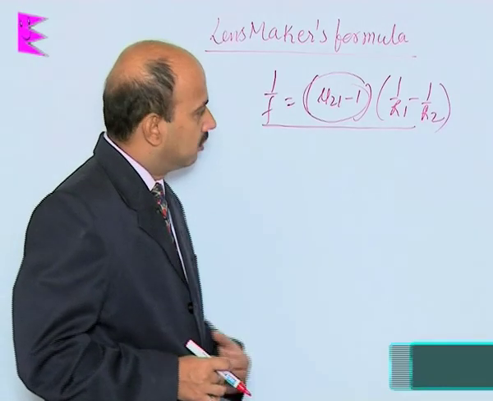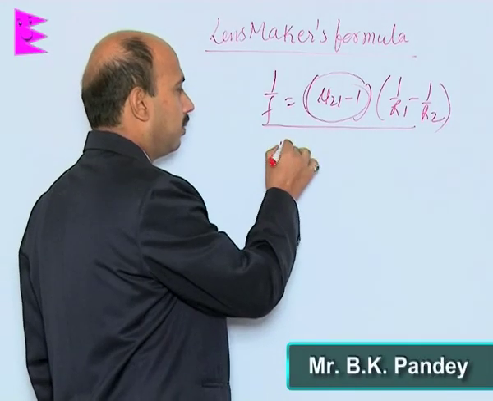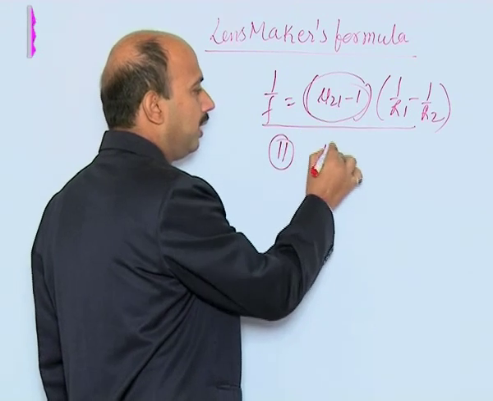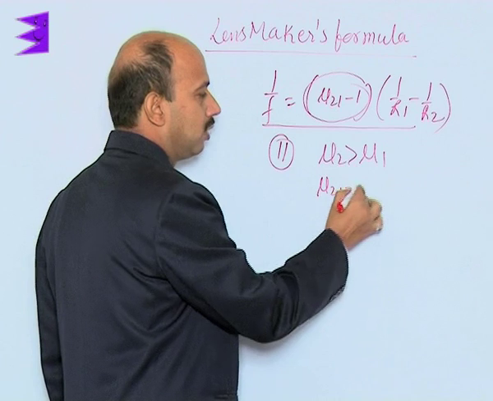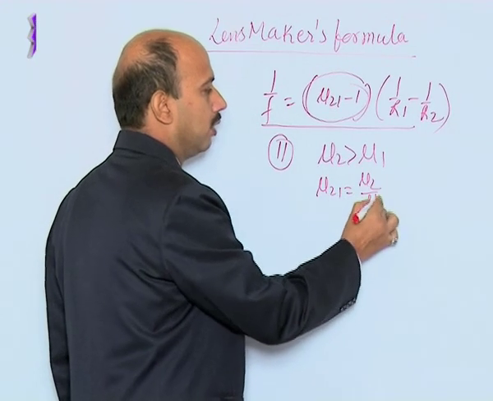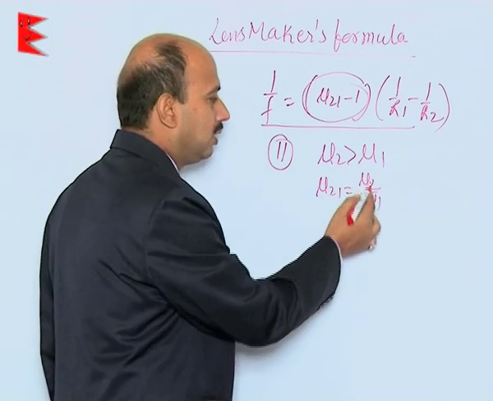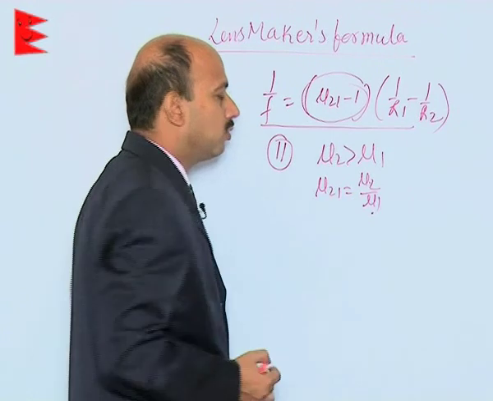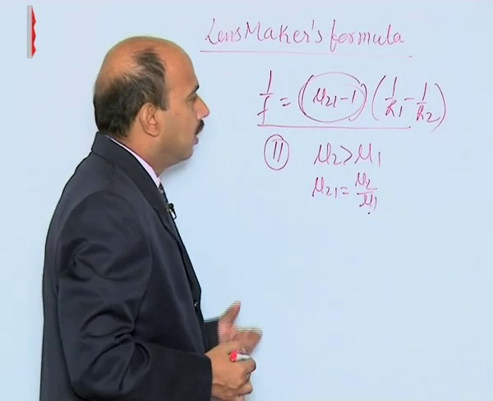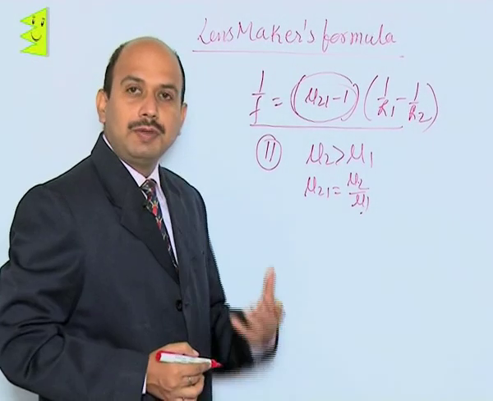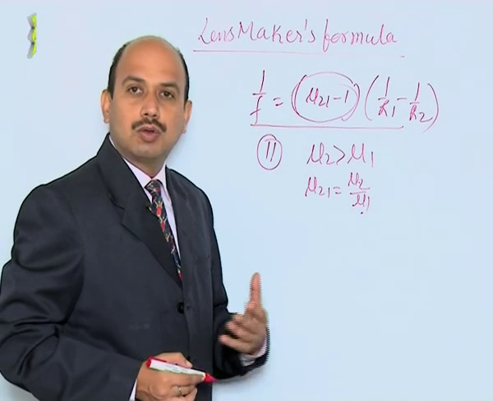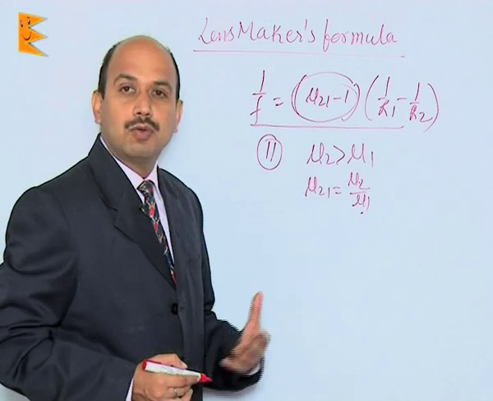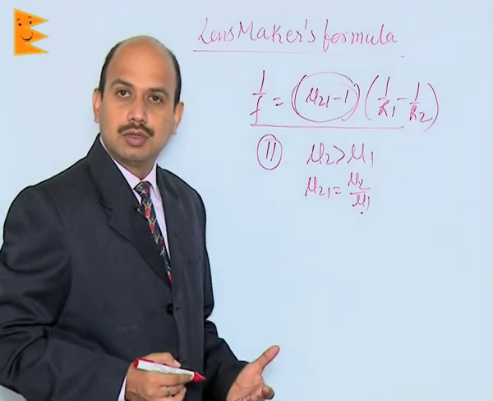Now, see the second case. In the second case we can take mu 2 greater than mu 1. We know mu 2 1 is equal to mu 2 upon mu 1. If mu 2 is greater than mu 1, then mu 2 1 is positive, that is greater than 1. If it has a positive value of mu 2 1, it means the nature of the focal length is not going to be altered.